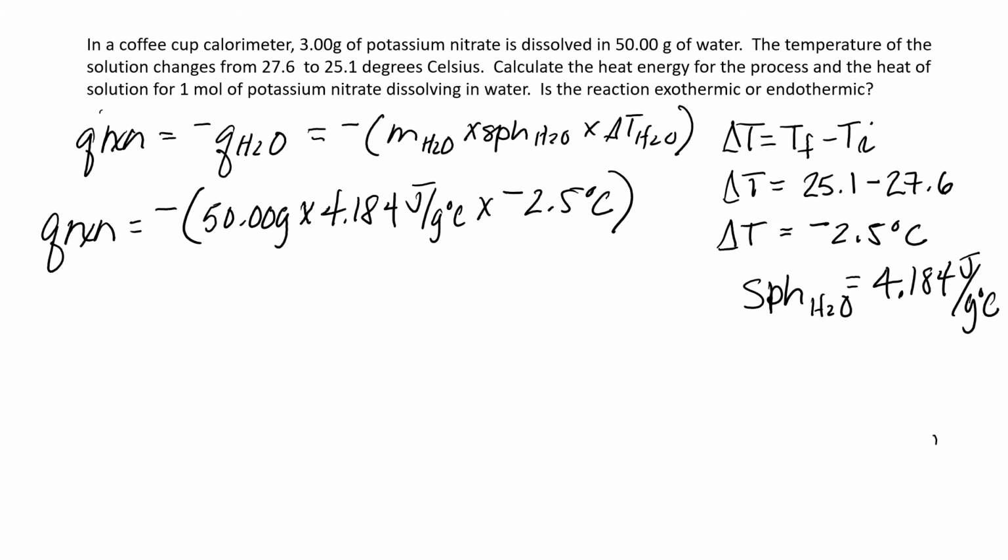Makes a big difference. Degrees Celsius cancel, grams cancel. So Q of our reaction will be in units of joules, but we have a negative in front of this equation, and we have a negative delta T. So we are going to have a positive Q of the reaction, and that is 523 joules. So that's the amount of heat that was absorbed from the water in order for that potassium nitrate to dissolve.